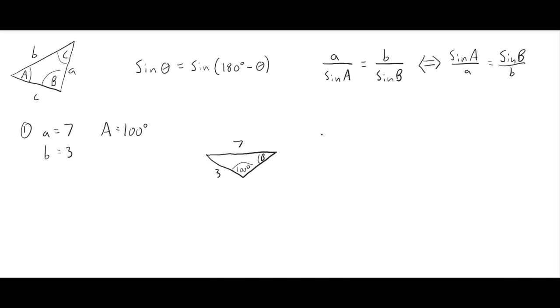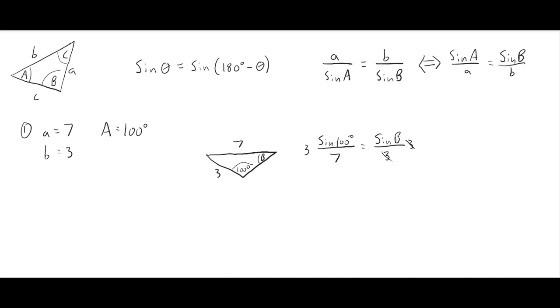So I know that sine 100 degrees divided by 7, so this angle divided by the length of the opposite side, has to equal sine of B divided by 3. If this is true, then I just have to multiply both sides of the equation by 3. The 3 here and the 3 here cancel out.